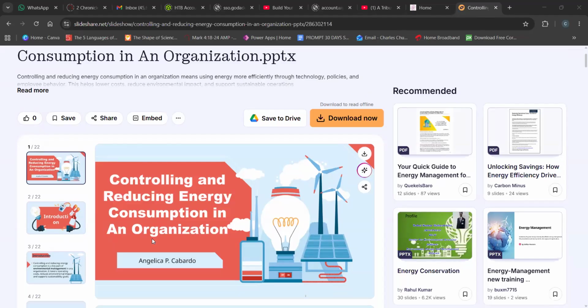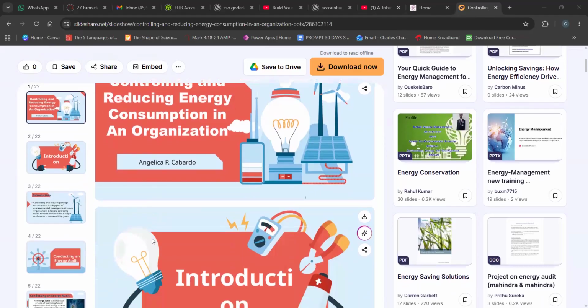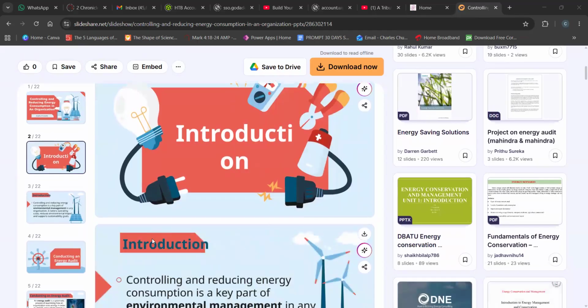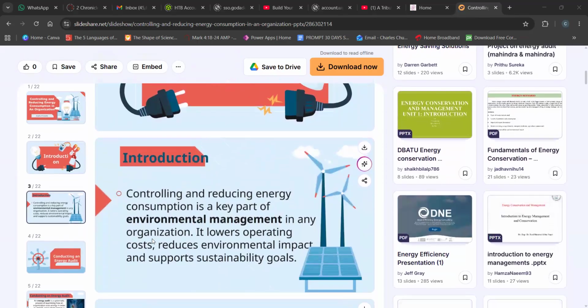So controlling and reducing energy consumption can be in an organization or at a home. The important thing is that we are cutting down on the use of energy. What you are doing when you are controlling energy is not as if you're harnessing it into something else.